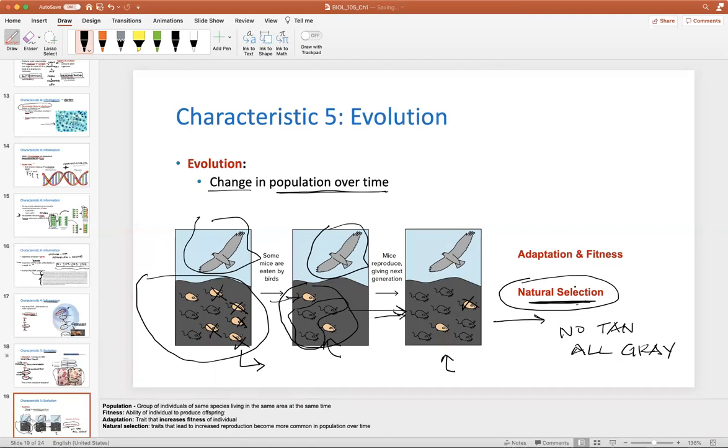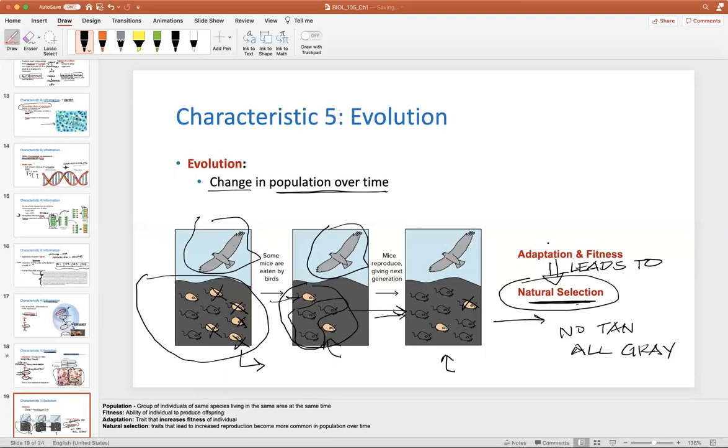Now, what determines the direction of natural selection? Well, that is determined by adaptation and fitness. So the reason I have them on here is I say that adaptation and fitness lead to natural selection. An adaptation is simply a trait that increases the ability of an organism to reproduce.